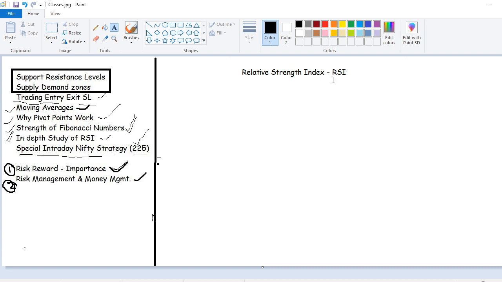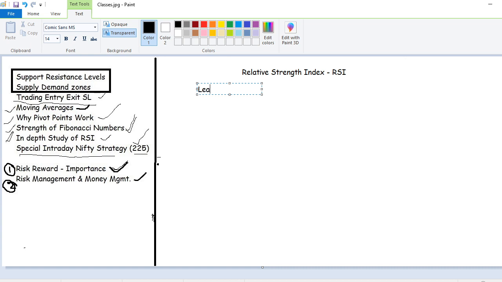RSI is again a leading indicator. What does that mean? It tries to forecast the price, what is going to happen. That means it tries to give you the direction of upcoming sessions, and it is an oscillator.